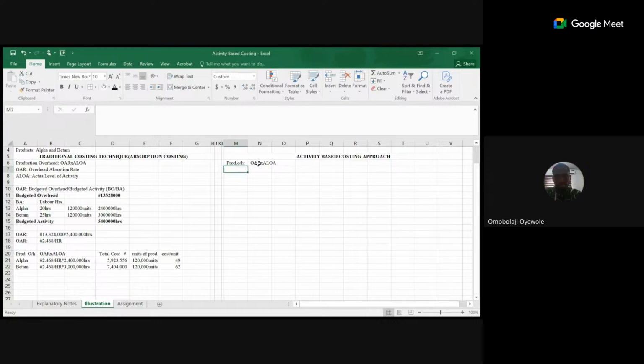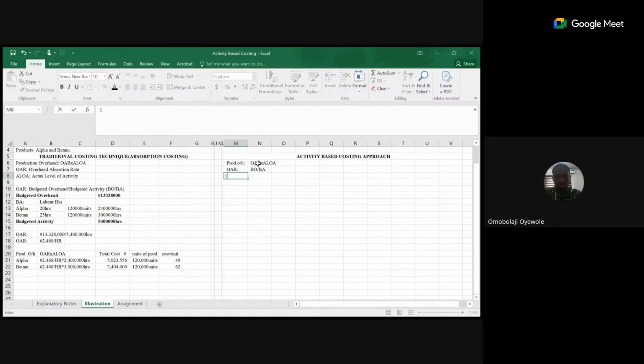Then remember we need to look for the OAR. So what will be OAR? That will be budgeted overhead over budgeted activity, all of that projected activity. Now we will be taking them one by one.